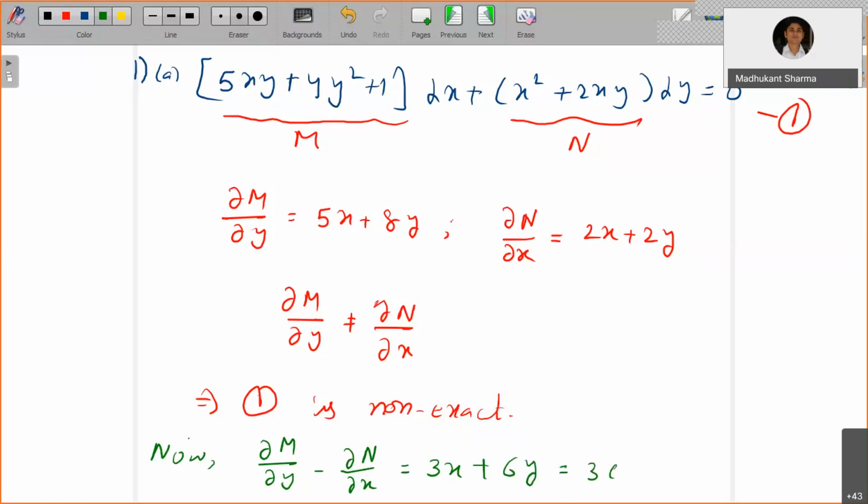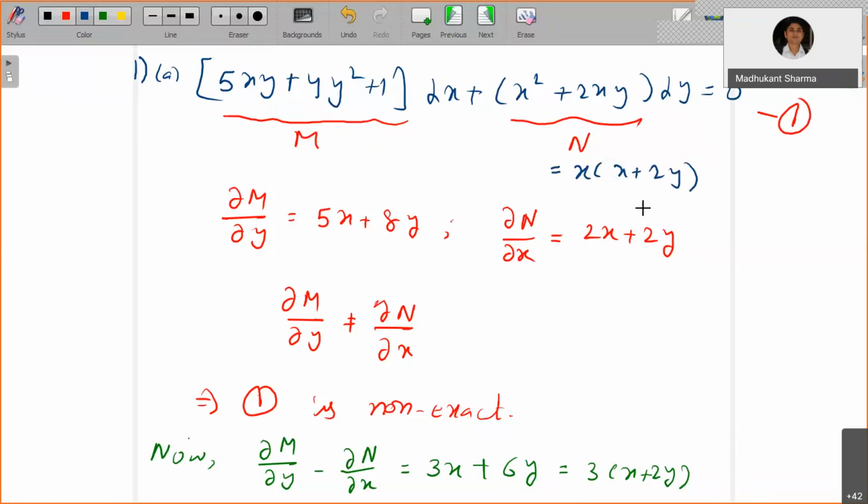So that's going to be 3 times (x plus 2y). Now, if you look at the dy coefficient N, the factorization of M is almost not possible more than that. What you can do for N is write it as x into (x plus 2y). I can rewrite this in factorized form.